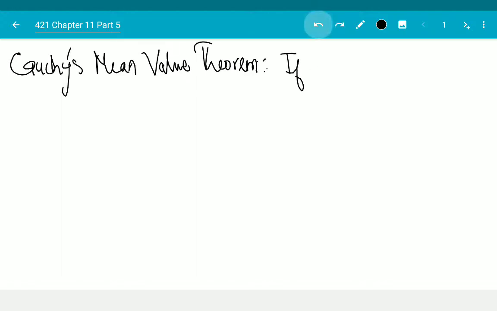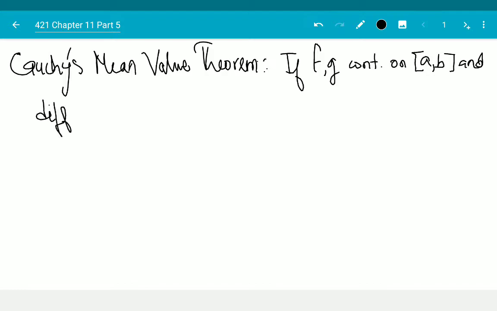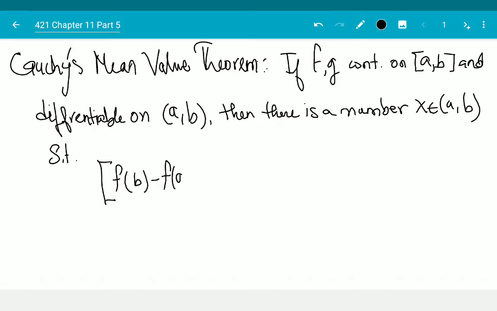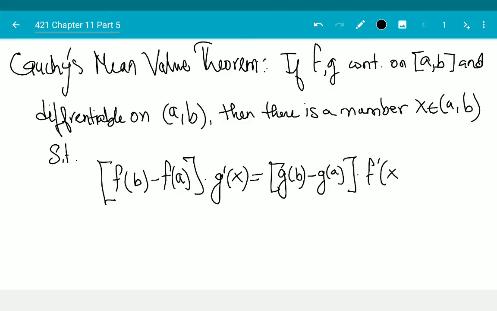If f and g are continuous functions on [a, b] and differentiable on (a, b), then there is a number x in (a, b) such that (f(b) minus f(a)) times g prime of x is equal to (g(b) minus g(a)) times f prime of x.